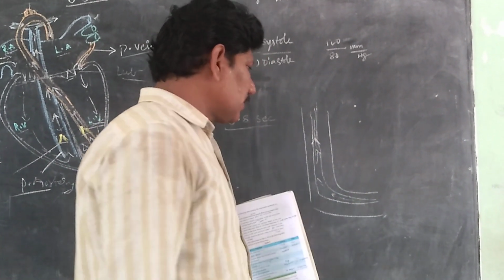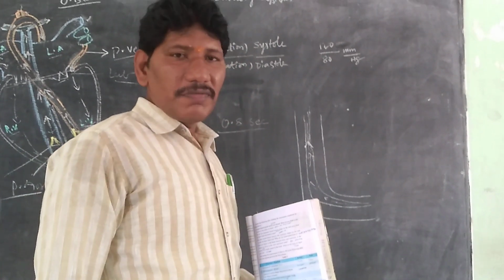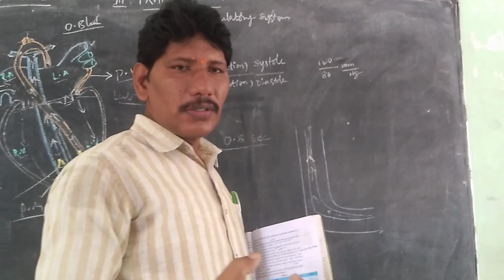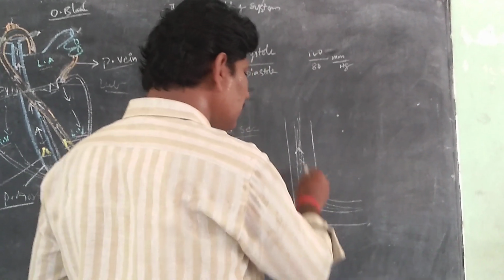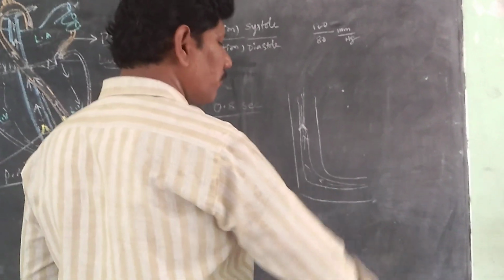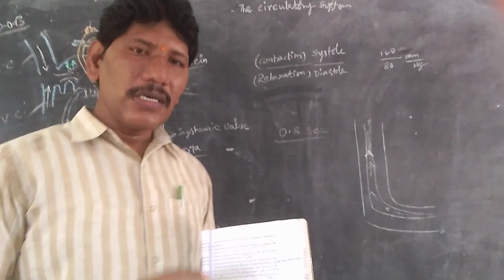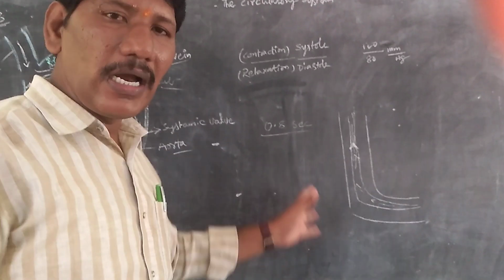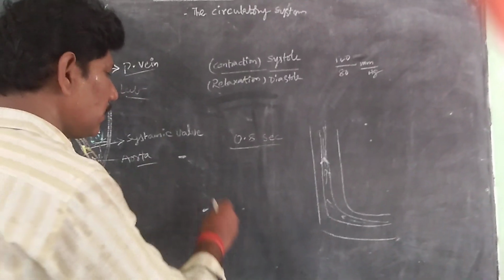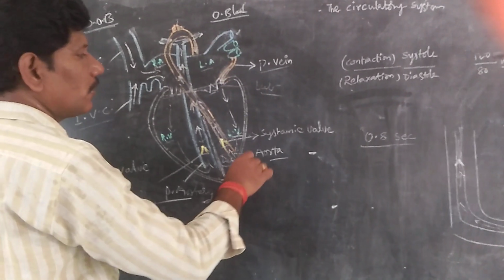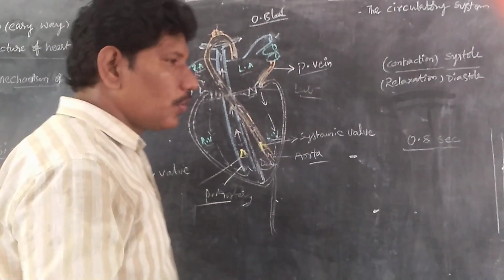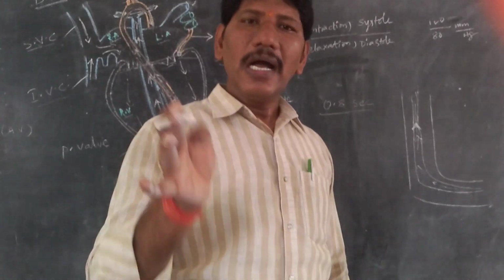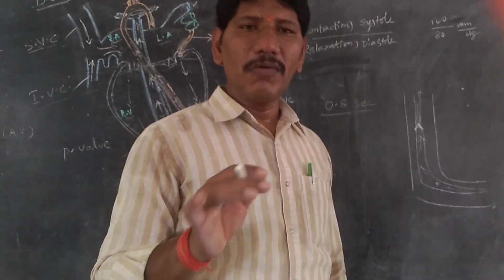When our leg muscles are relaxed, the blood tries to pull down. At that moment, the valves in the veins prevent the backward flow of blood. Valves are absent in the arteries because the heart pumps blood with high pressure, so there is no need to prevent backflow with the help of valves.